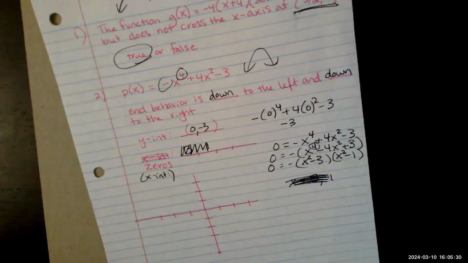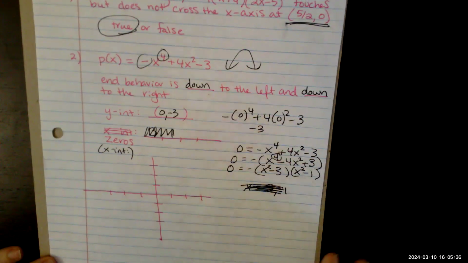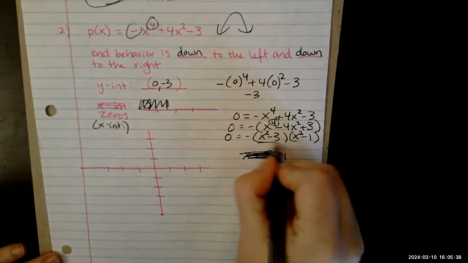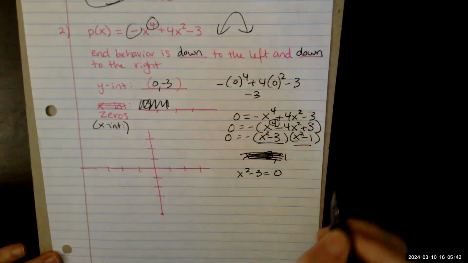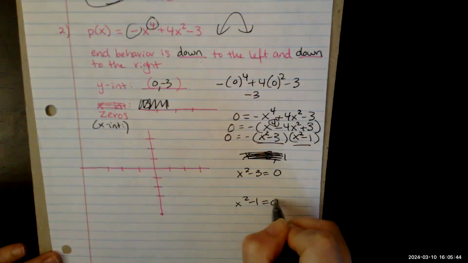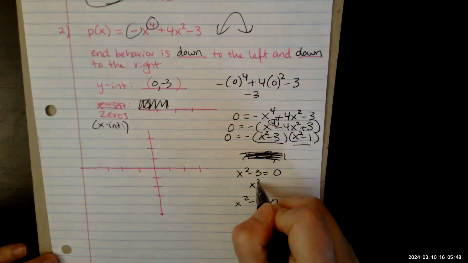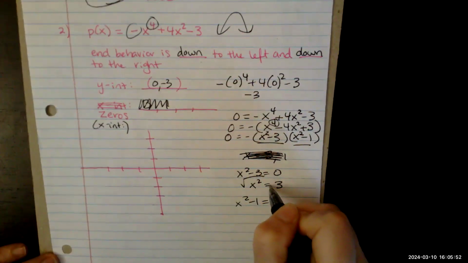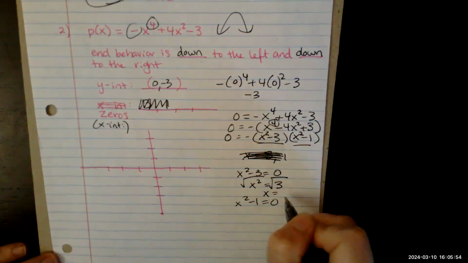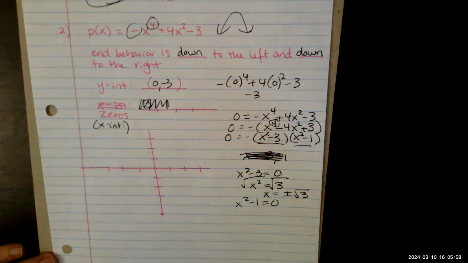So now I'm not done. This negative out front I can ignore since it doesn't have an x with it. But I need to take this and set it equal to 0 and solve, and this. So here I would add 3. Then I take the square root of both sides, which gives me a positive and a negative answer.